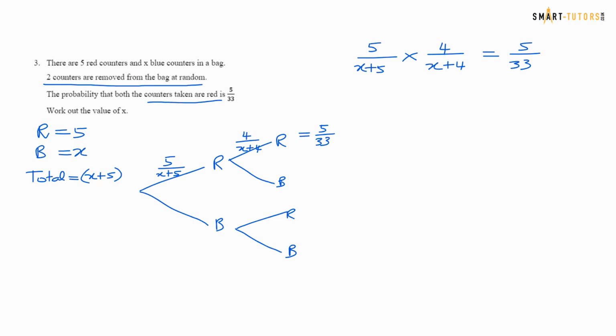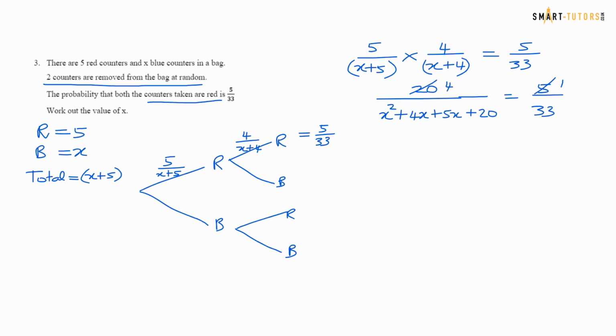Just multiply: 5 times 4 is 20, over the expanded brackets. x times x is x squared, x times 4 is 4x, 5 times x is 5x, plus 5 times 4 is 20, equals 5 over 33. So 5 cancels with 5, and 5 cancels with 20, leaving 4.